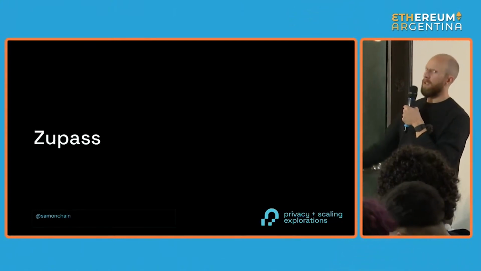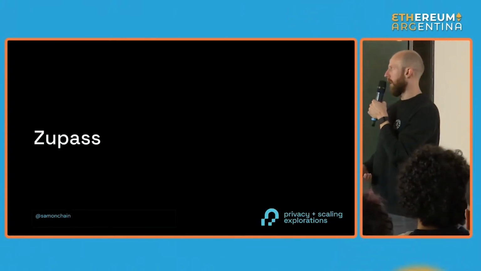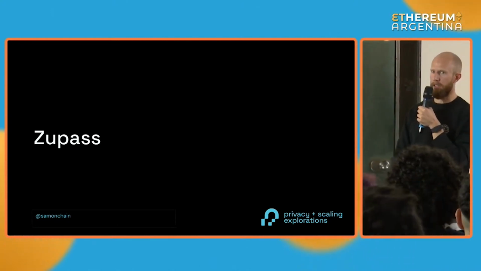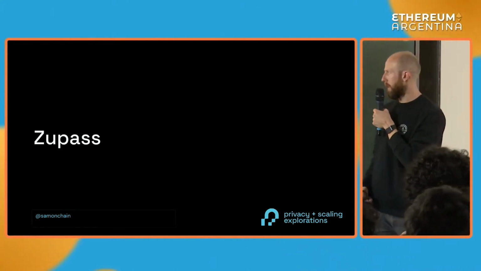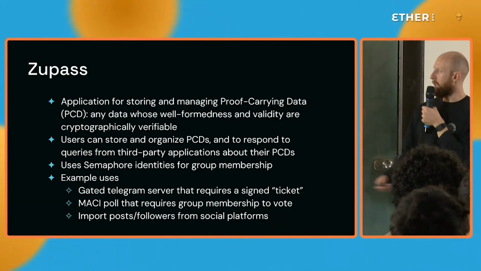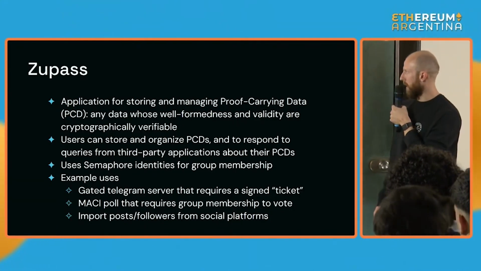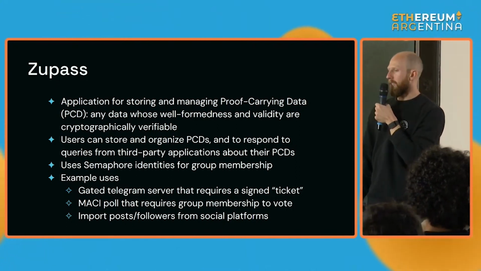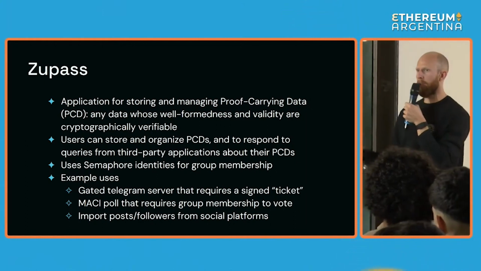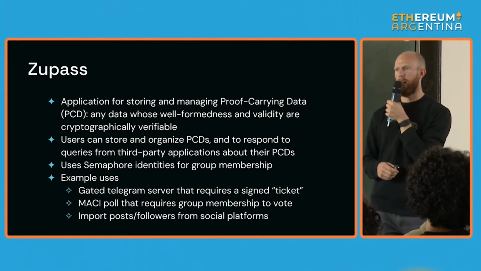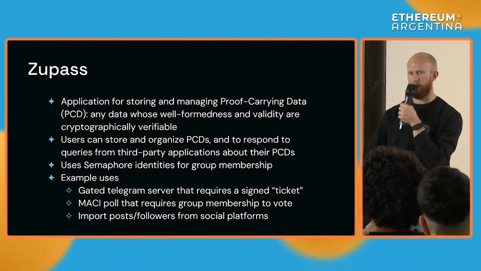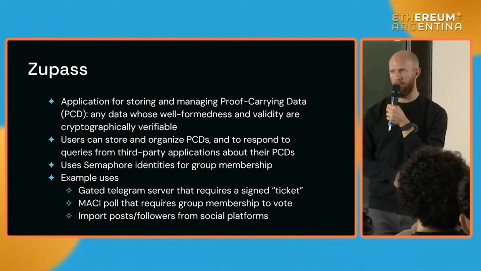And one project that uses Semaphore under the hood is an application called Zoopass, which, if you went to Ethereum LATAM earlier this year, was an application used for ticketing. If you plan to go to DevCon, it'll be used there as well. It's essentially a mobile application for storing cryptographically signed data. Could be event tickets, could be information about yourself, could be exported information from social media websites.